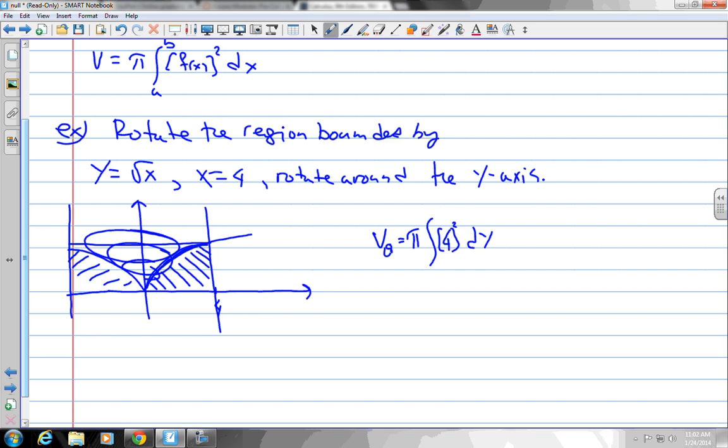What are the limits of integration on the y? From 0 to 2. So this is 16 pi y from 0 to 2, and so 32 pi. This is just the cylinder.